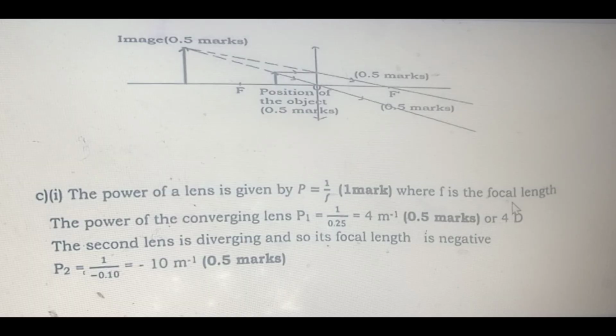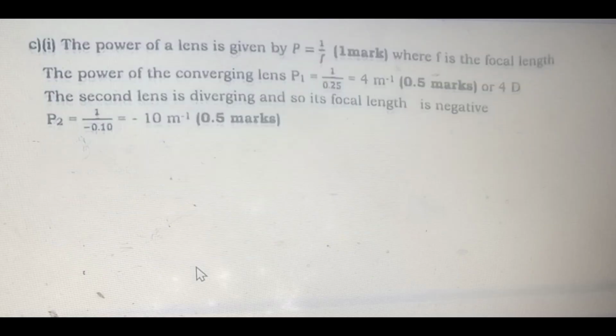You see here that the power of the converging lens is 4 per meter, or diopter. This is the SI unit. The power of the diverging lens is negative 10 per meter.